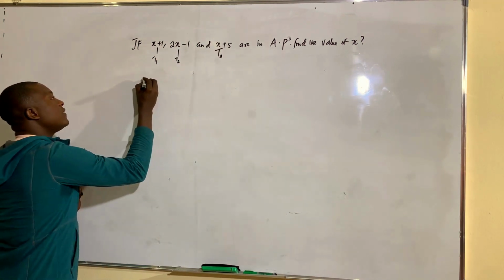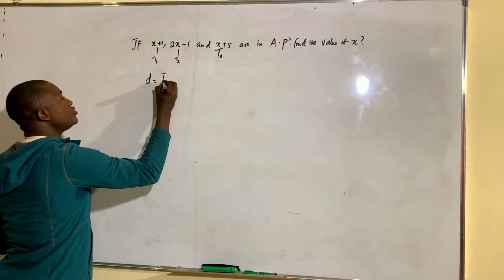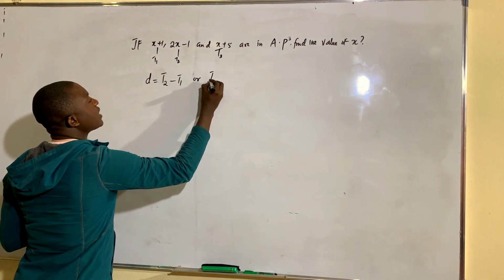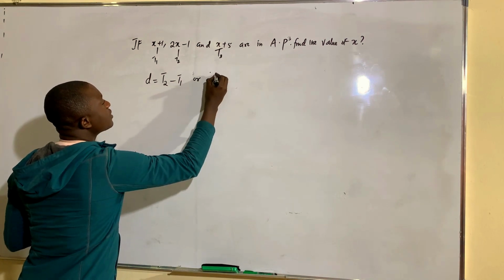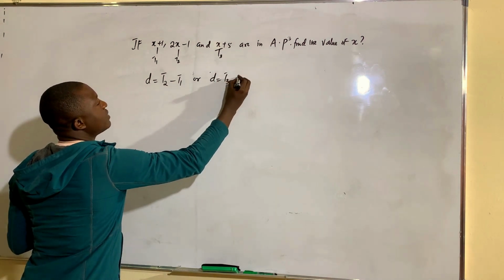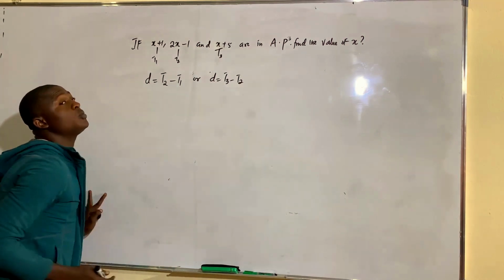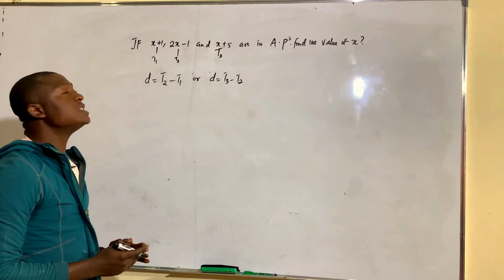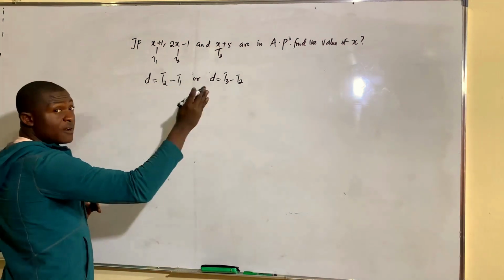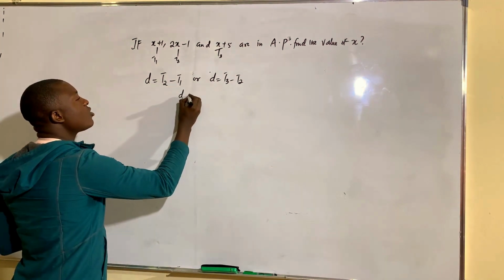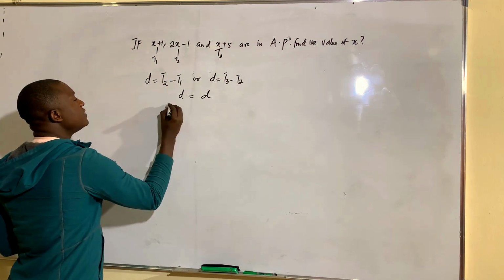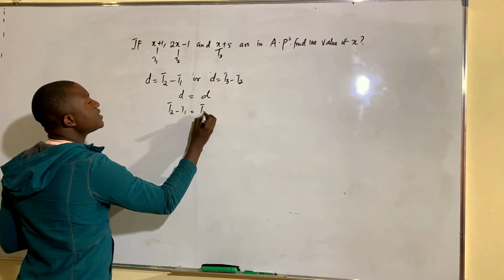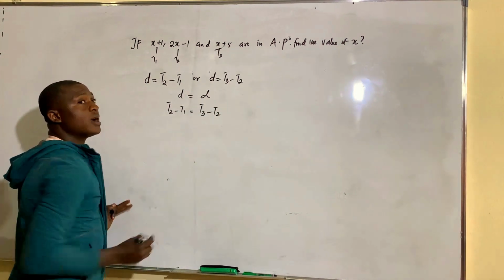Common difference will surely be second term minus first term, or third term minus second term. We have many ways of solving it, but I think this is the simplest way of solving this type of problem. The terms must have the same common difference. That is, second term minus first term must be the same as third term minus second term.